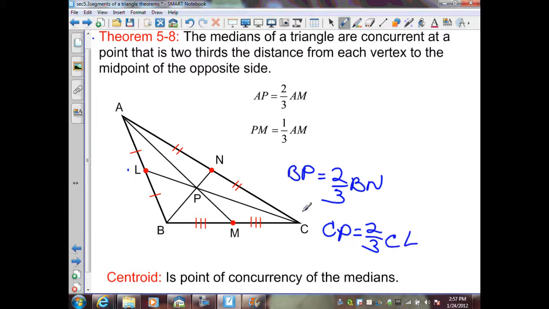And if each of these is true, then that would tell me that PN is 1/3 of the entire length of the segment BN, and PL is 1/3 the length of the entire median, CL.